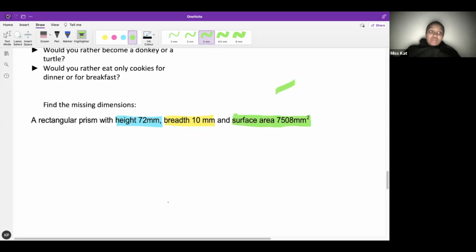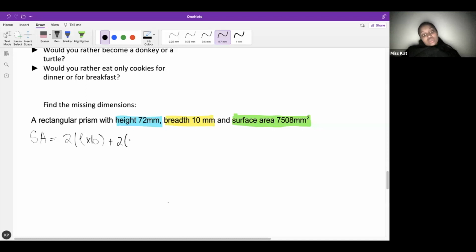We are working backwards. So I'm going to write down the formula quickly. Surface area is 2 times length times breadth plus twice breadth times height plus twice length times height.